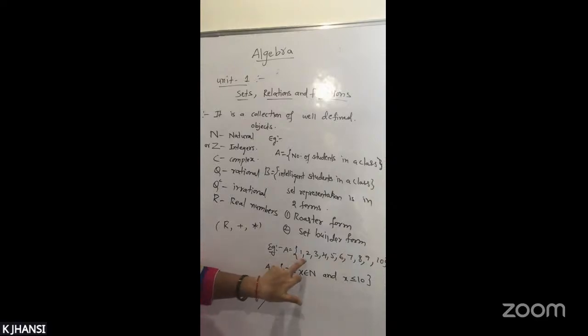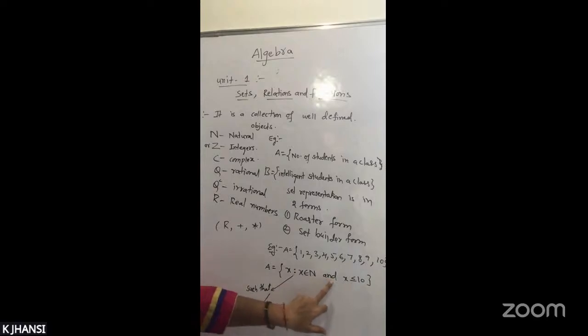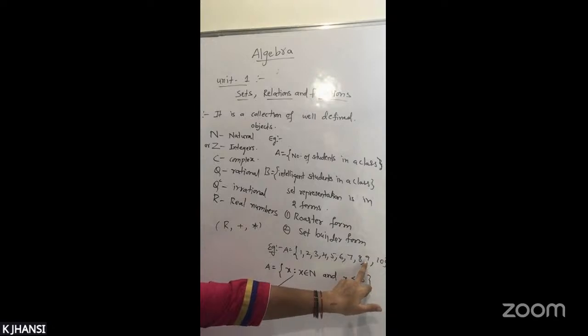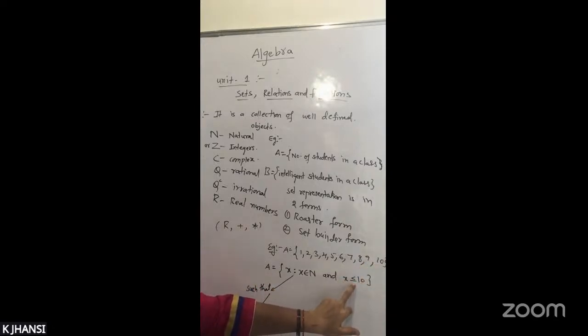That is, x such that x is whatever the elements are in that set. These belong to natural numbers, and the numbers you are taking are less than or equal to 10. Less than means only up to 9, but we have even 10, no? Therefore, we are writing the symbol as equal to. So this representation of the roster form in such a way is called a set builder form.